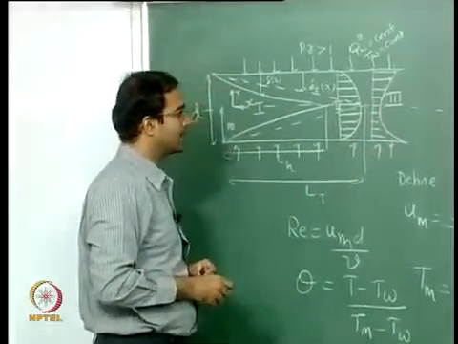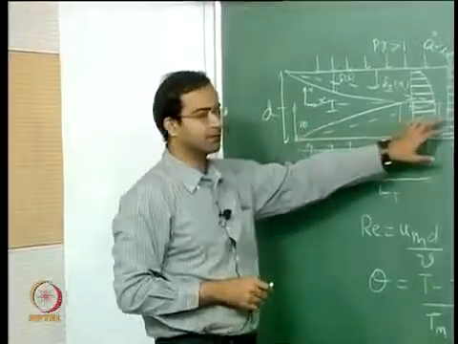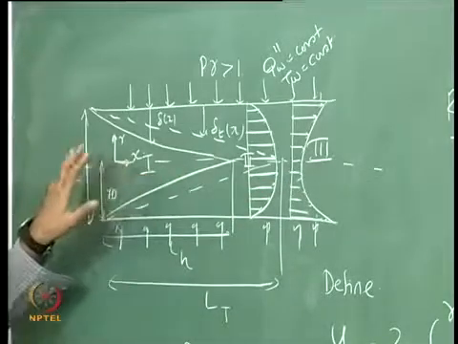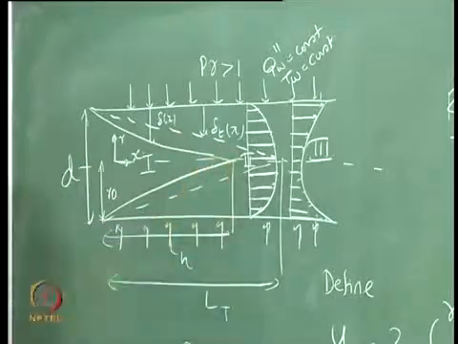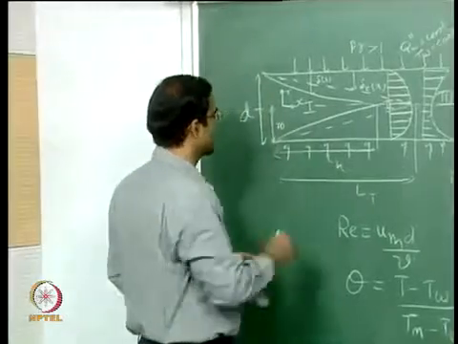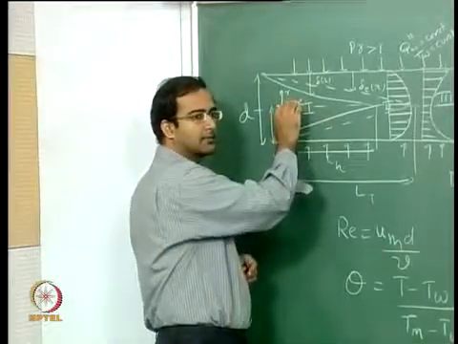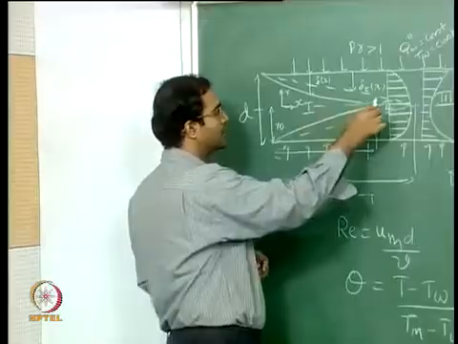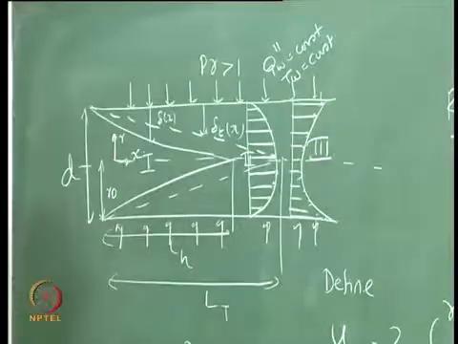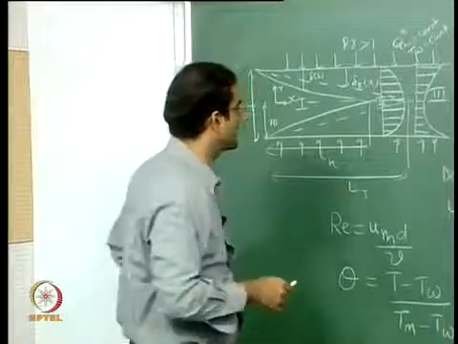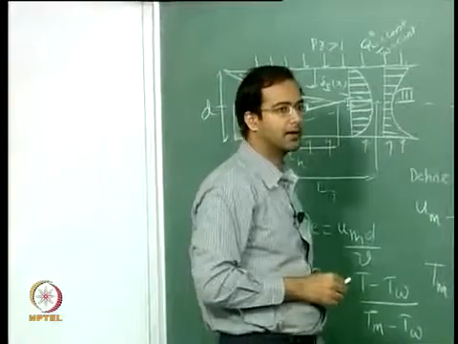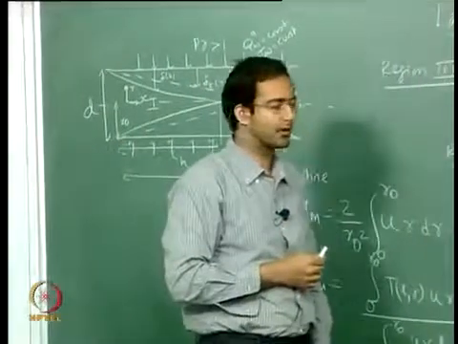Now the criteria for defining these three regions 1, 2, 3 that I have indicated here. In region 1 the velocity profile keeps changing along with the axial position. So this is a region where we cannot make much approximation in the Navier-Stokes. Once the entrance length is reached where the two boundary layers merge, if you plot the profile from there onwards, you will find that it's a parabolic profile and it is invariant of the location downstream.